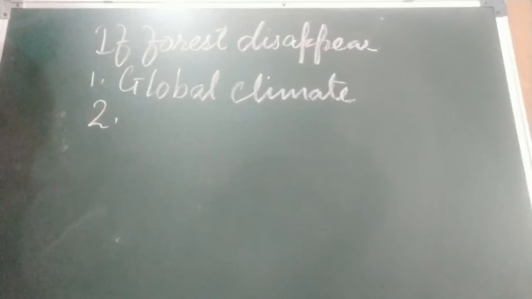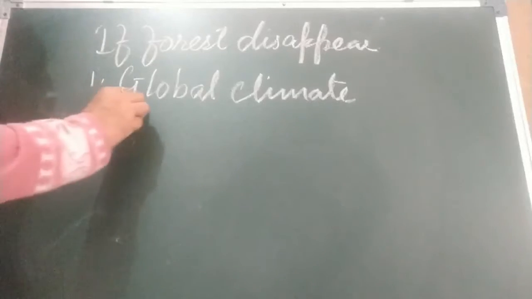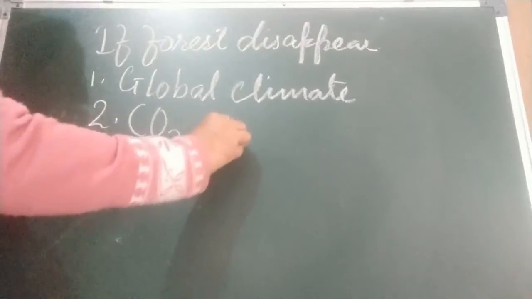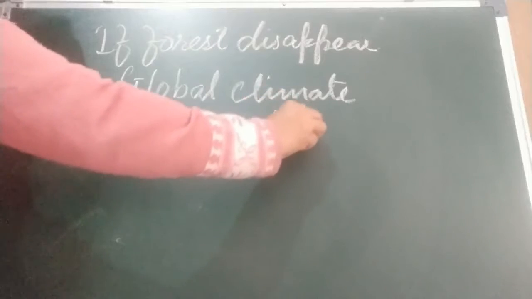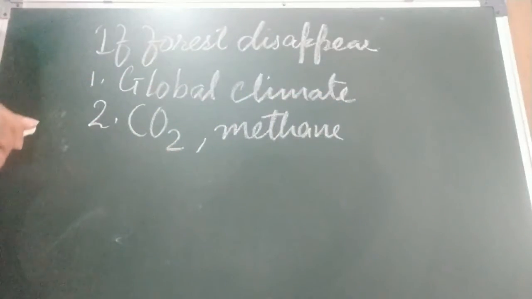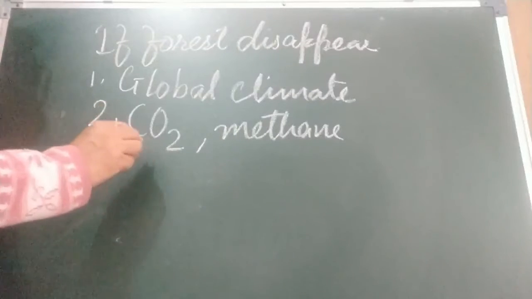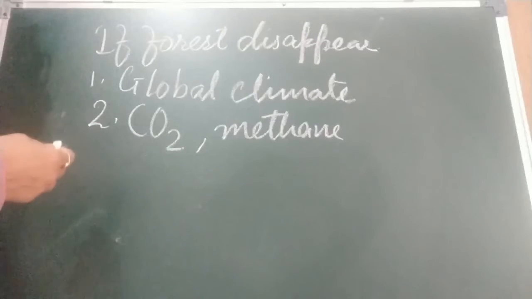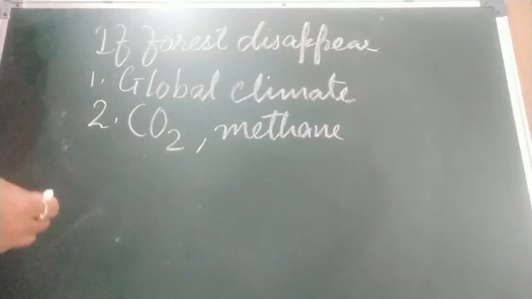Second thing, large amounts of greenhouse gases like carbon dioxide and methane would be in abundance in the atmosphere. You know, plants take this carbon dioxide and use it in photosynthesis, and in return they give us oxygen.